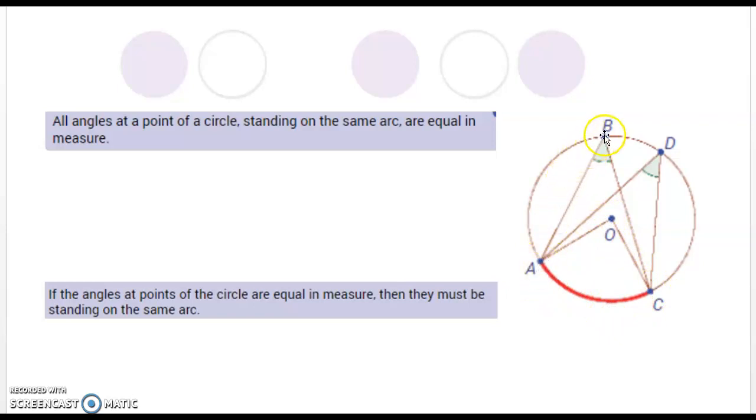We could draw our angle up here to B, or we could draw the angle up here to D. Both of these, the angle ABC and the angle ADC, are both on the same arc AC. So that means that even though they look different, this angle here at B is the exact same size as the angle at D.